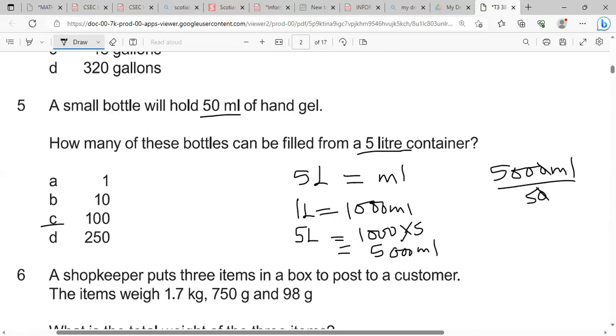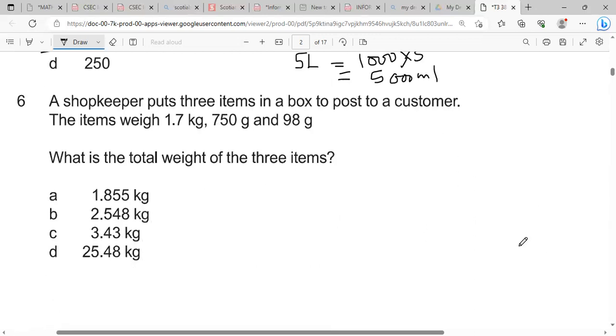All right, let's look at number 6. It says a shopkeeper puts 3 items in a box to post to a customer. The items weigh 1.7 kilograms, 750 grams, and 98 grams. What I want you guys to notice, please, is to check the units at all times. That's something that I am emphasizing with my students. This is 1.7 kilograms, this is 750 grams, different units. Now, they want us to give our answer in kilograms.